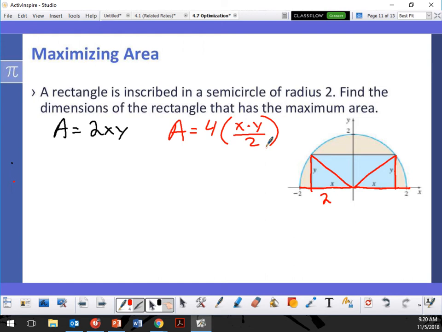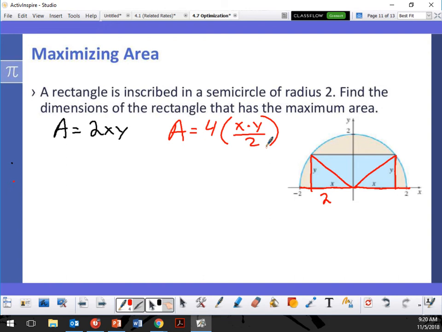That's the area of a triangle, right? So that could also be another way of doing this. Yes. Alright, so I still have that x and y though. What else can I do?